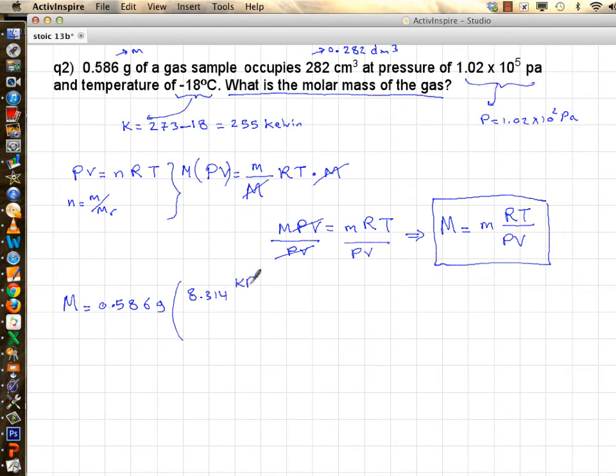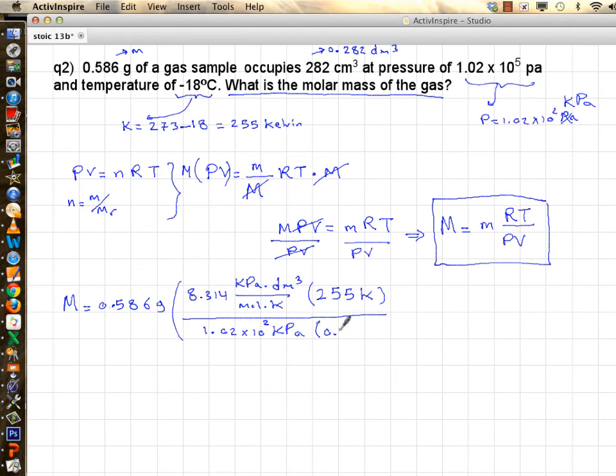It's kilopascal times decimeter cube divided by mole times Kelvin, multiplied by your temperature in Kelvin, which we calculated to be 255 Kelvin, divided by pressure in kilopascal, so it's 1.02 times 10 to the power 2, sorry, this was kilopascal, times volume in decimeter cube, which is 0.282 decimeter cube.